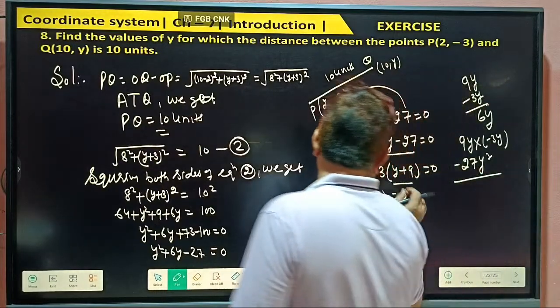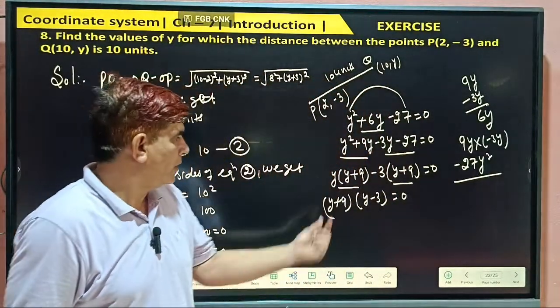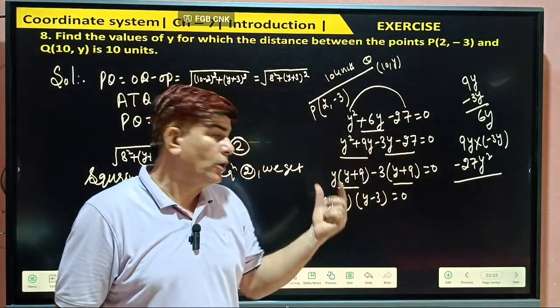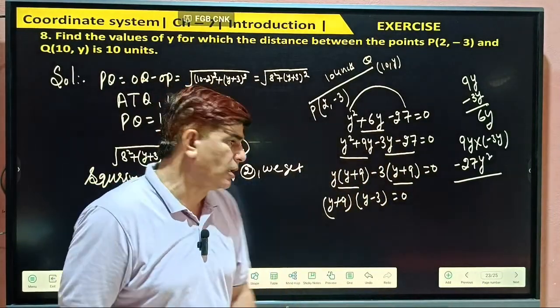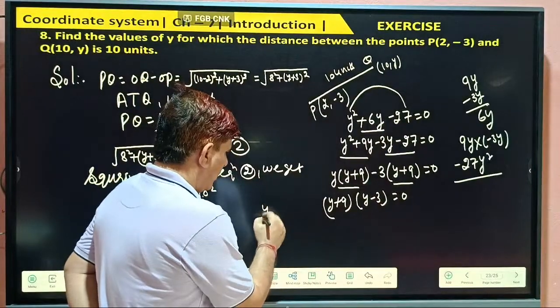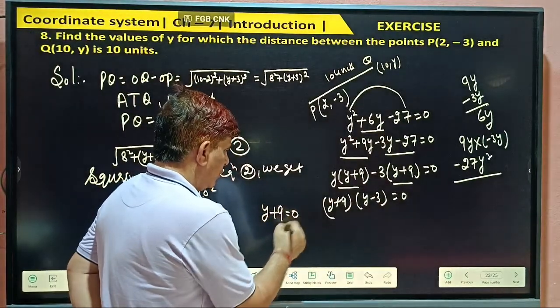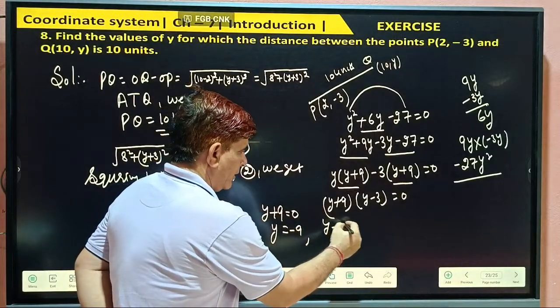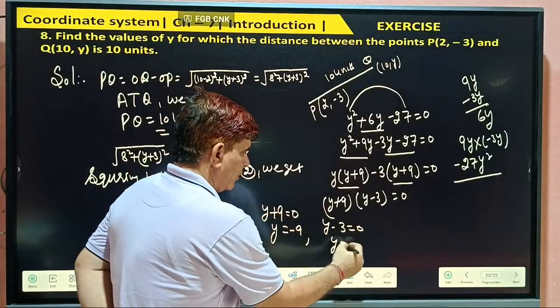The possibility is that either this becomes 0, or this becomes 0, or both become 0, then also it becomes 0. So we put y plus 9 equal to 0, so y equals minus 9, and y minus 3 equal to 0, so y equals 3.